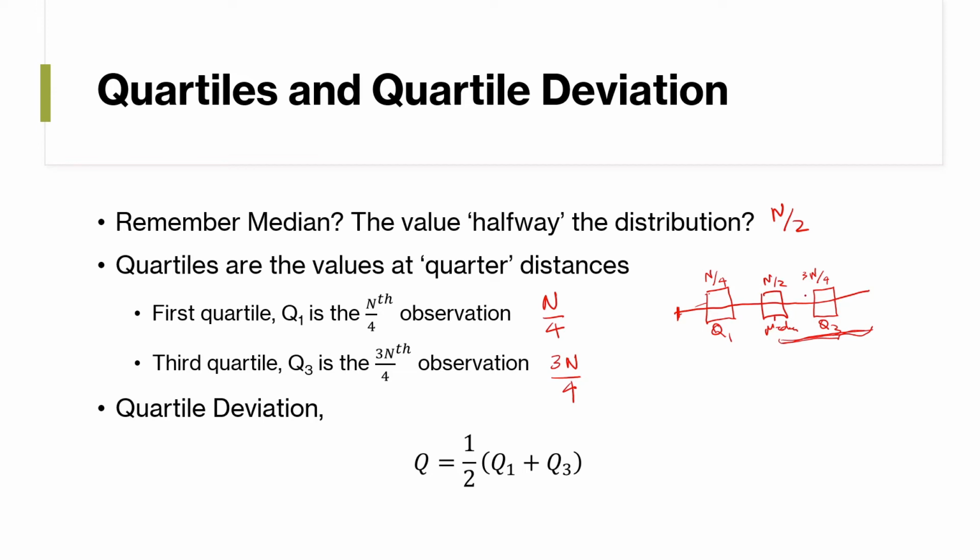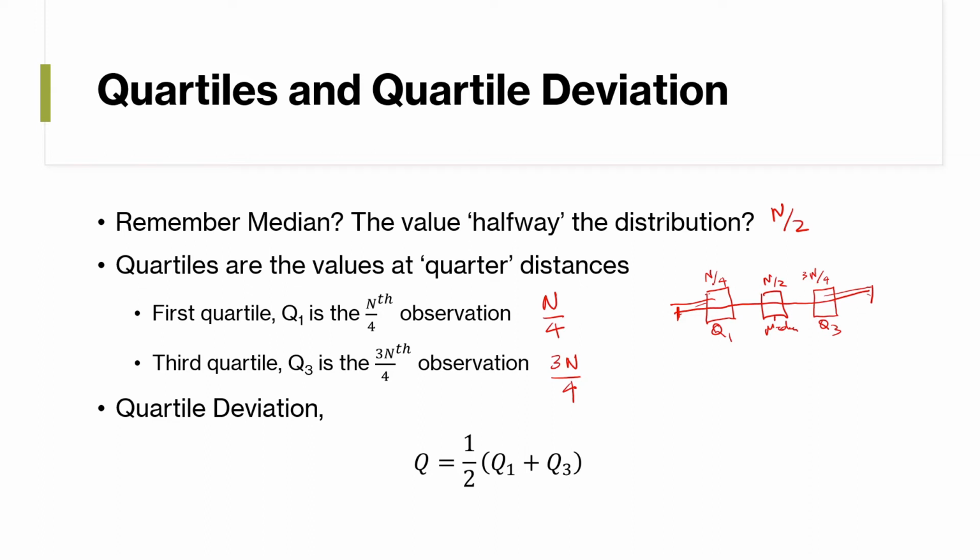And quartile deviation is given by the arithmetic mean of the first and third quartiles. We are considering 25% of the values to find the third quartile and 25% to find the first quartile. So to find quartile deviation, we are in total considering somewhere around 50% of the values.